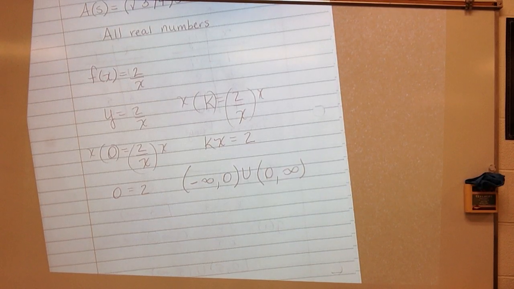But how can we identify these properties of functions algebraically? What I would like for you to do is look at exploration 1.